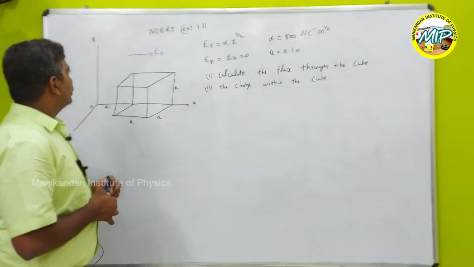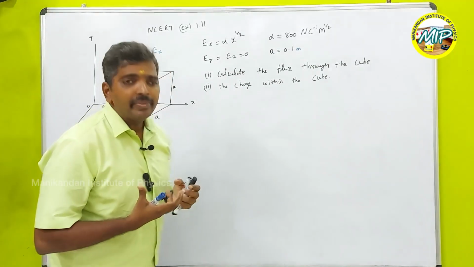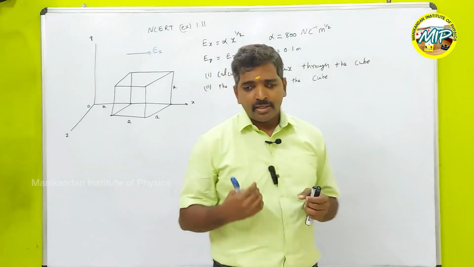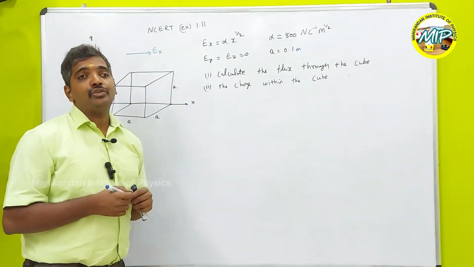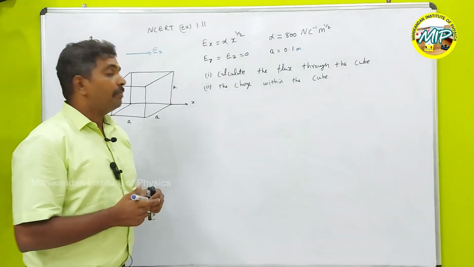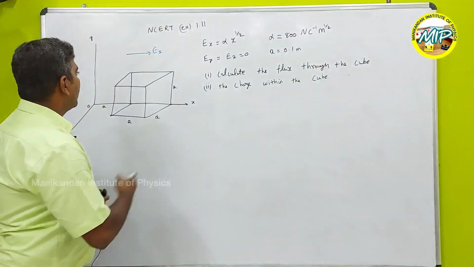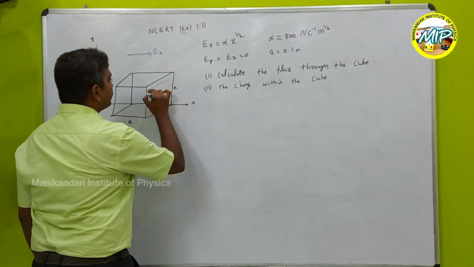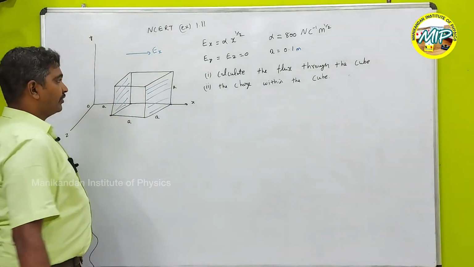Now I am going to consider that a cube has 6 faces, right? But my electric flux through this cube is only along 2 faces, because on the remaining 4 faces the electric field is 0. So the electric field is only along this face as well as this face.